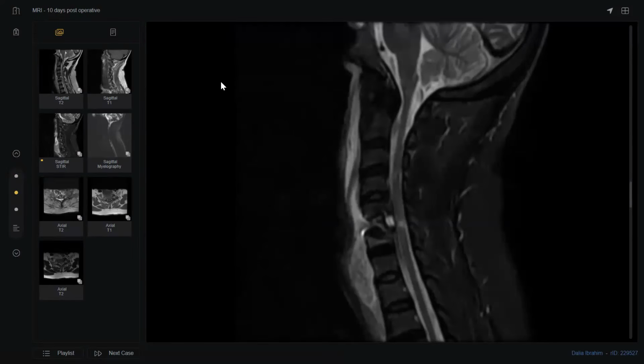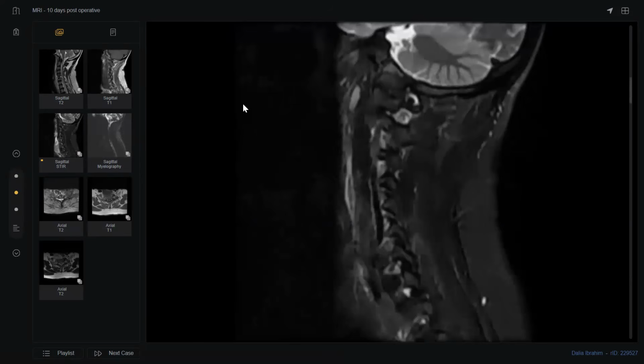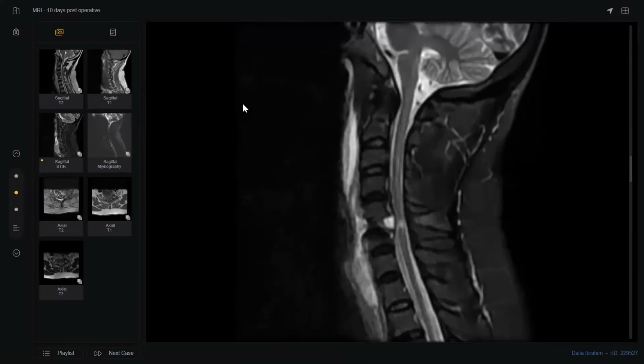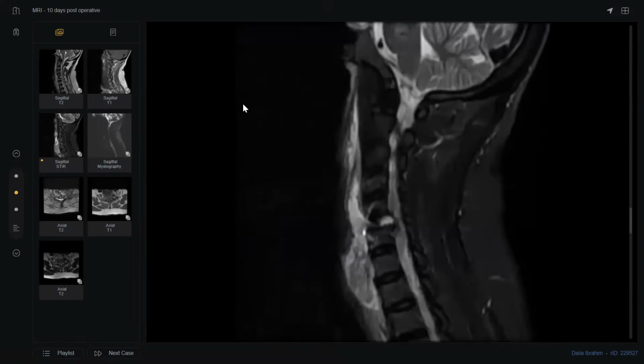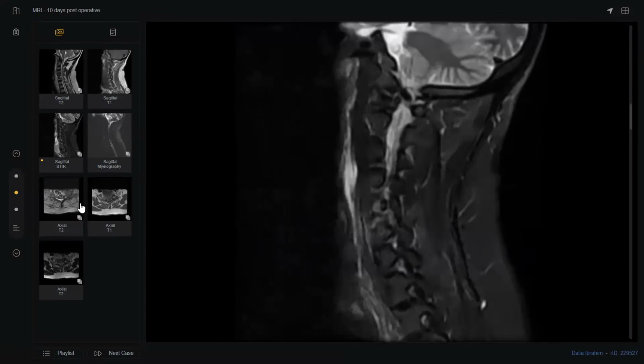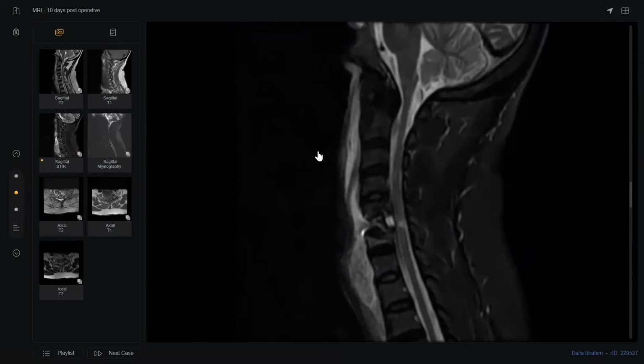Okay, and this is the post-operative MRI. What do you think? This is post-operative MRI.